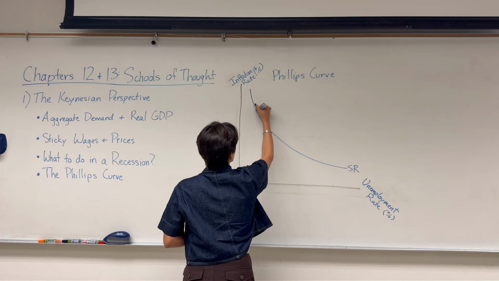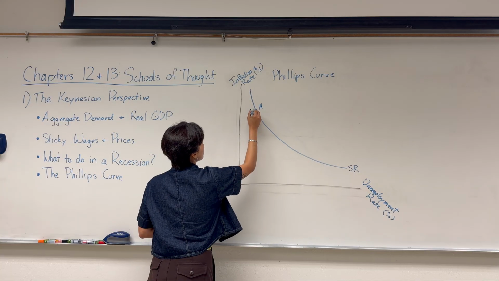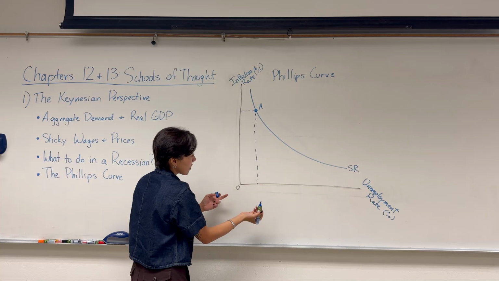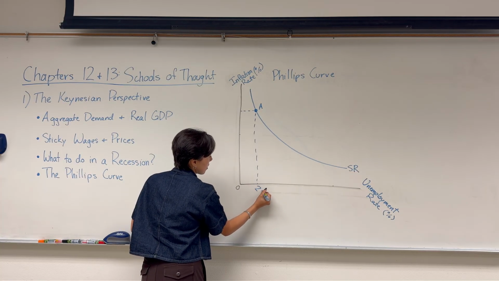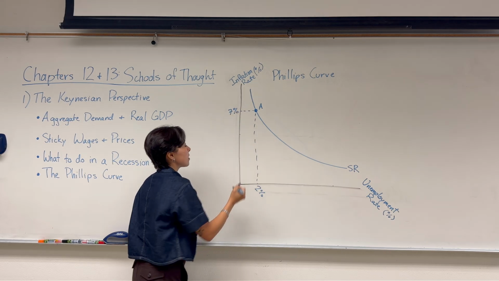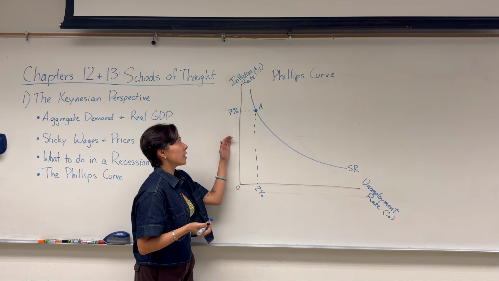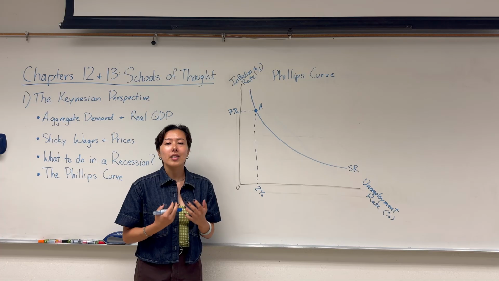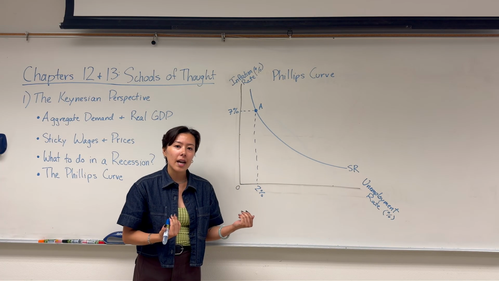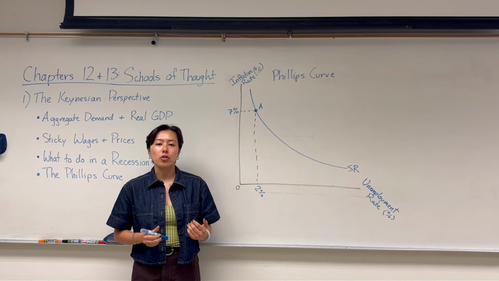So if my economy is starting at a point like this, we'll call this point A, inflation is relatively high, and unemployment is relatively low. Let's say that here, unemployment is at 2%, and inflation is at 7%. If the government wants to implement some kind of policy to help reduce the inflation rate, they would need to implement some contractionary fiscal policy, something to reduce aggregate demand, pull output down, and reduce that inflationary pressure on prices.